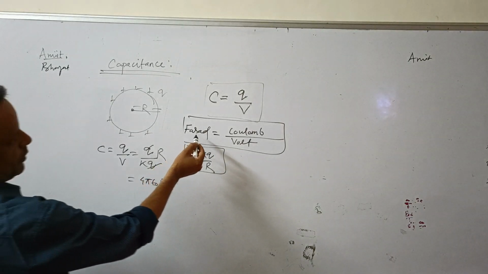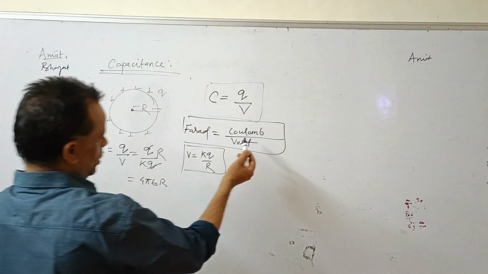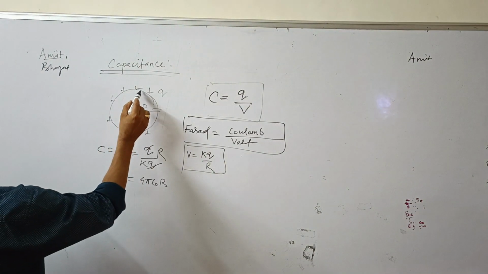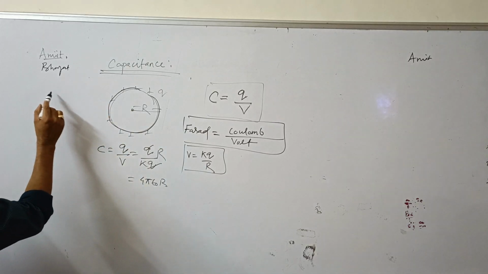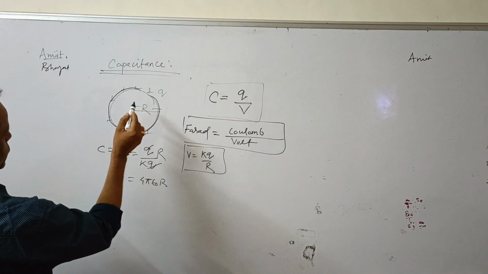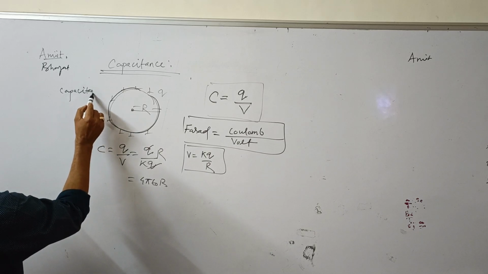The capacitance of a capacitor is said to be 1 farad if a charge of 1 coulomb increases the potential by 1 volt. We are calculating here the capacitance of a uniformly charged hollow sphere.